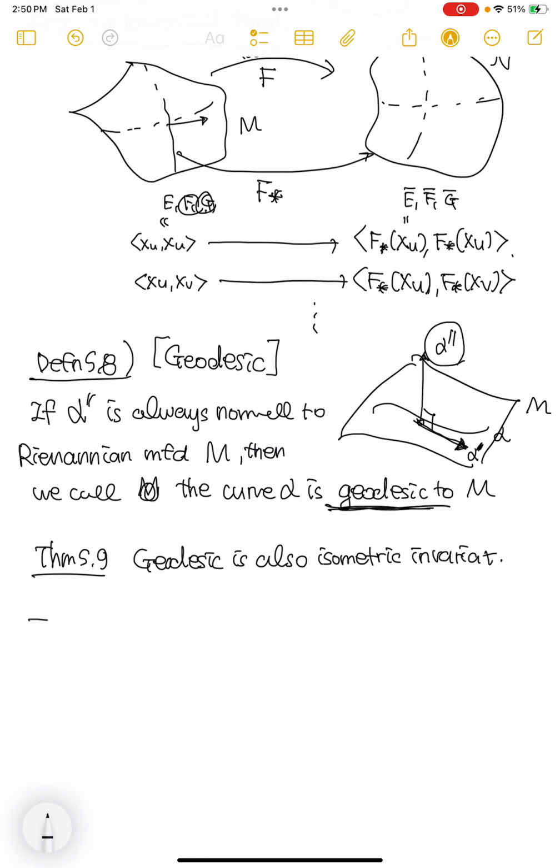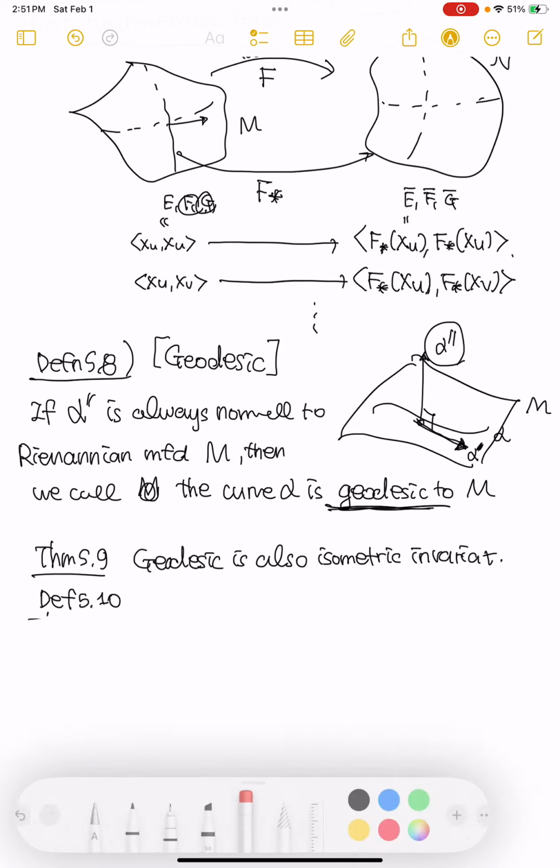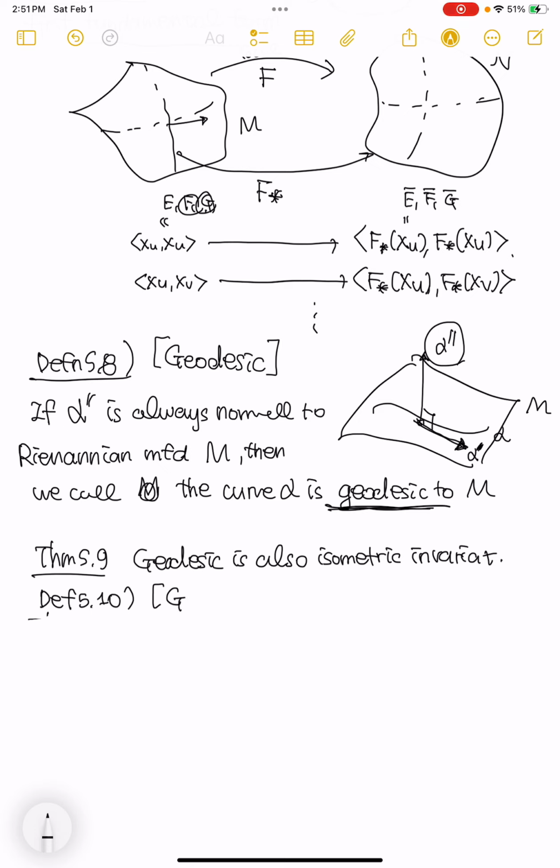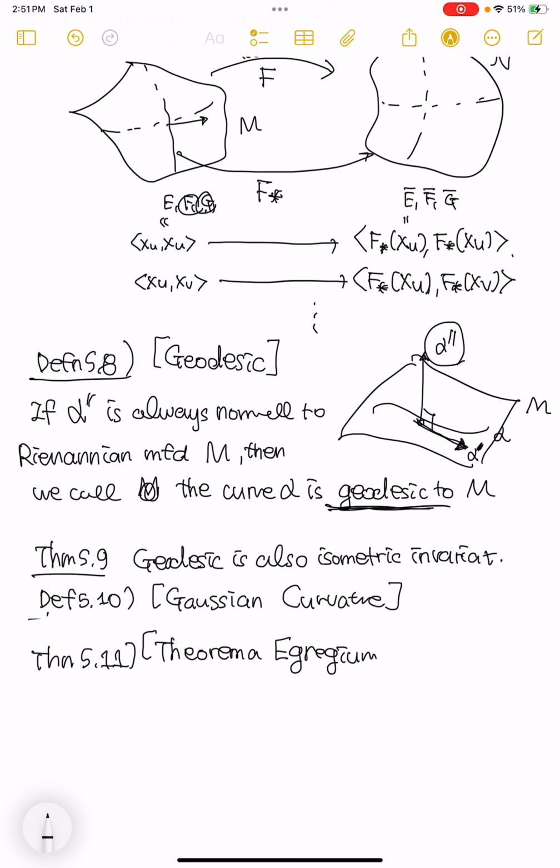Also, I explained in the previous lecture what a Gaussian curvature is. Then there is the so-called Theorema Egregium, I don't know how to pronounce it well, but that is a very important theorem.